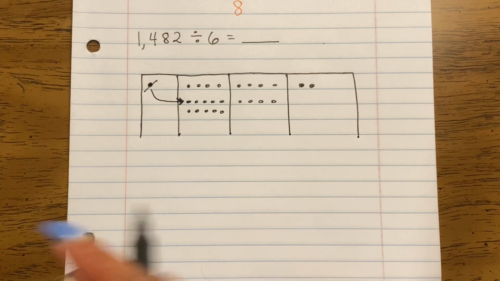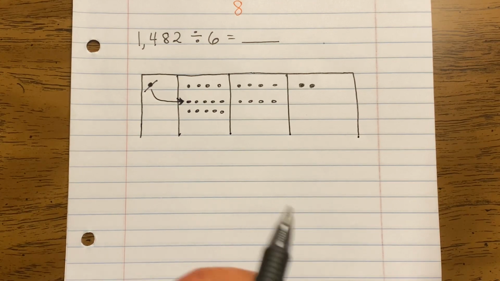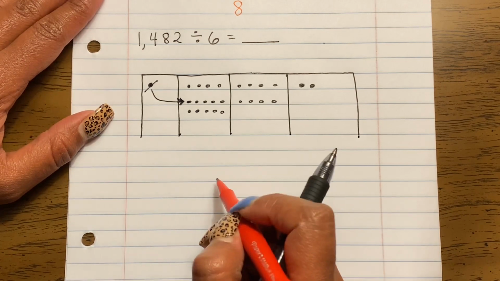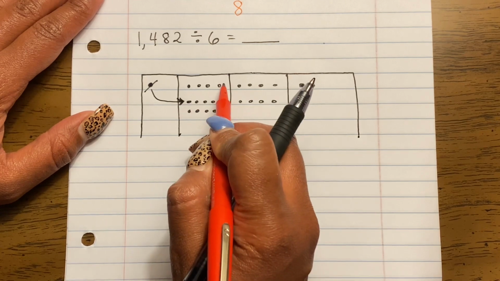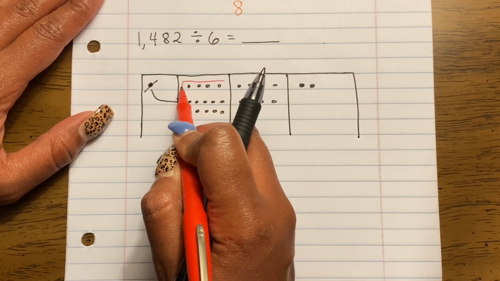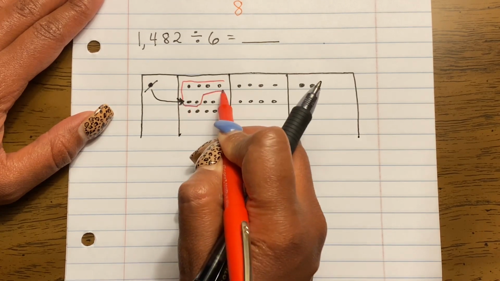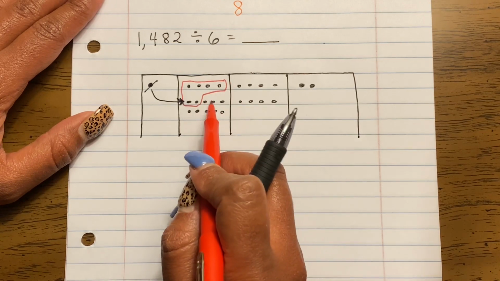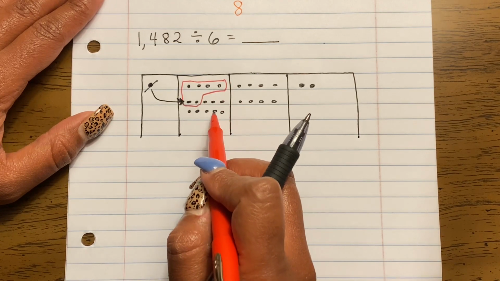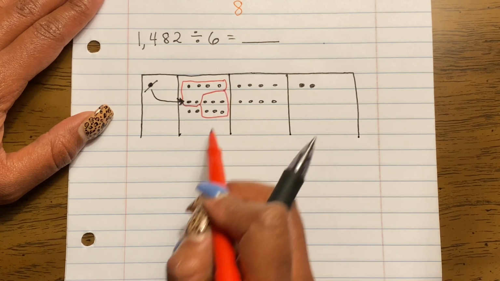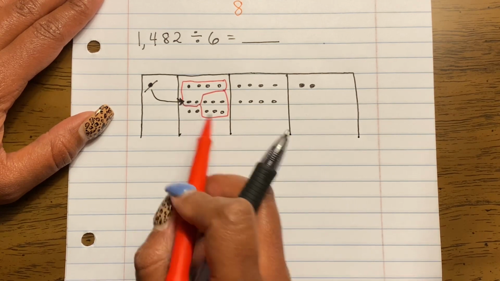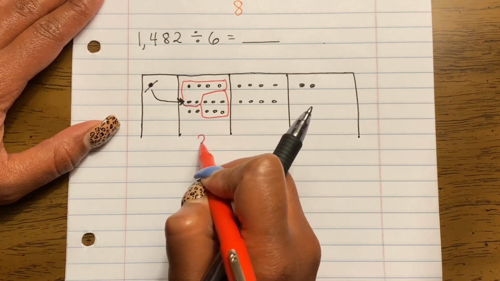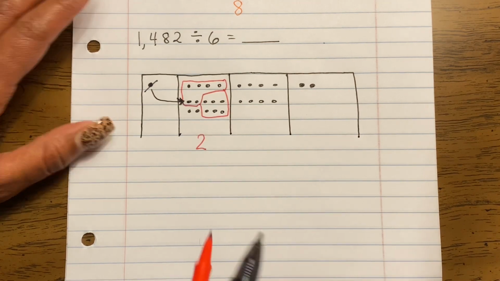I will pull out the orange or a different color to help me circle groups of 6 now. 1, 2, 3, 4 across the top, and then 2 more down here, and then 1, 2, 3, 4, 5, 6. Okay, and then I'm left with these 2 here, so this only leaves me 2 hundreds.